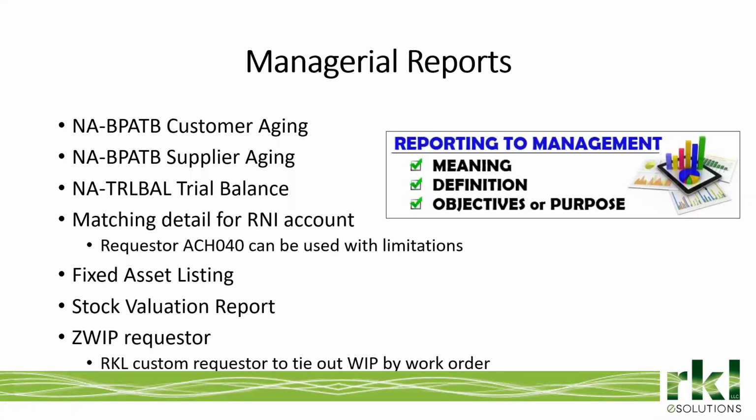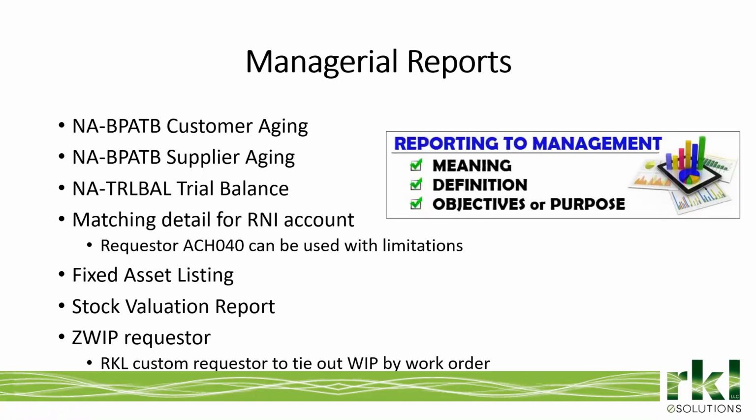And matching detail for R&I accounts. Okay, this is one where we've made some enhancements that are available to you should you want them. We have a requester that exists for your matching detail for R&I accounts. It's called ACH040, if you can see that on the slide. Depending on when and who did your implementation, you may have that available to you already.